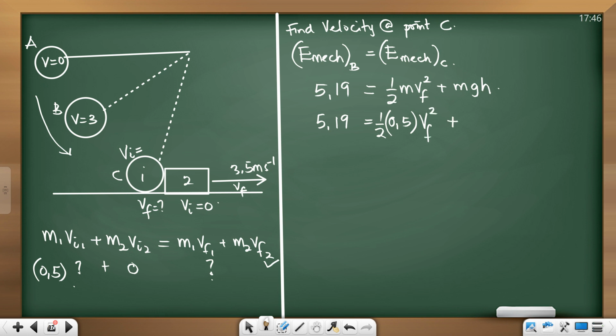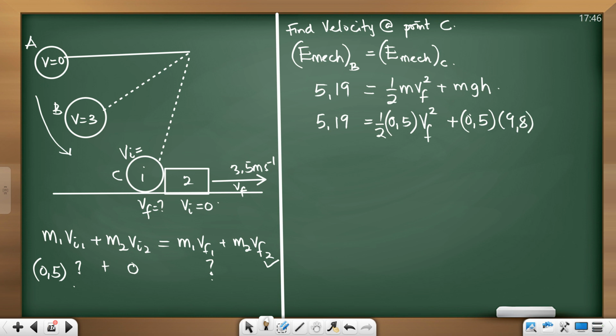Are you with me? In any point of physics, is it possible for kinetic energy to be there? Yes, absolutely possible, Josh. Very, very possible. What is M? 0,5. What is G?